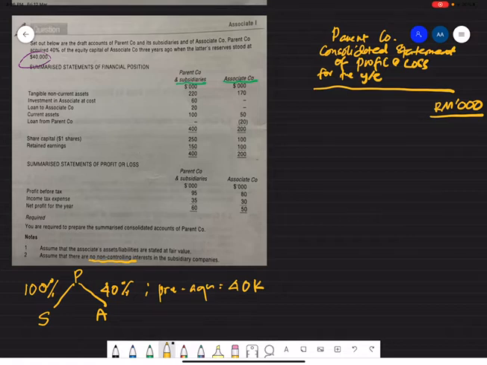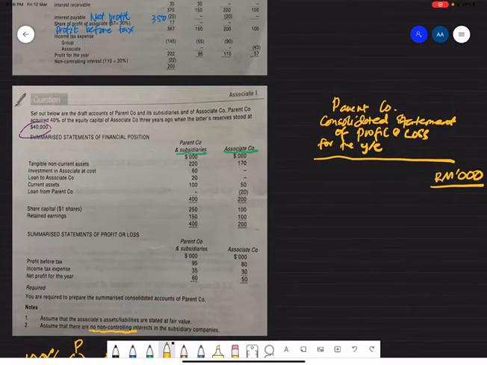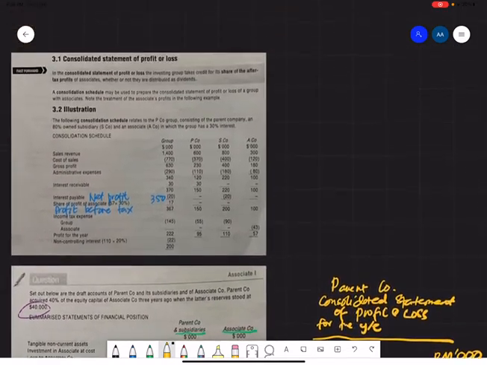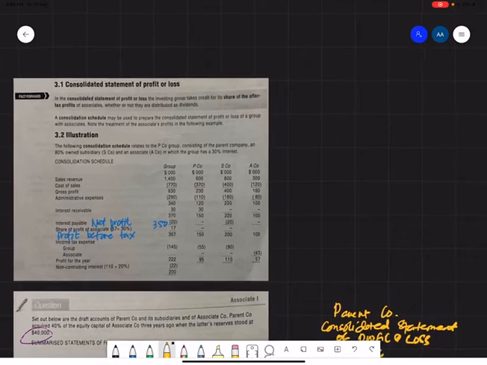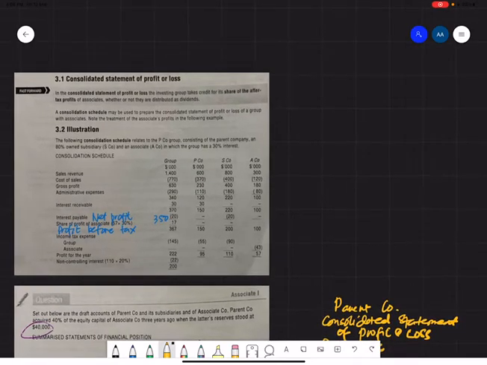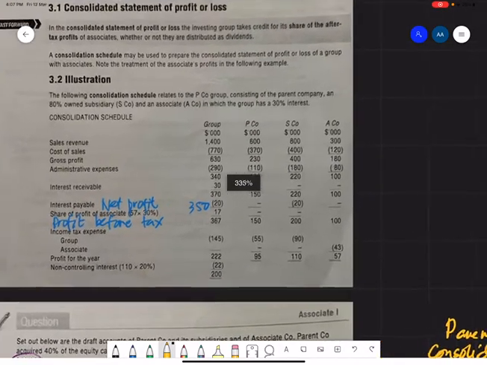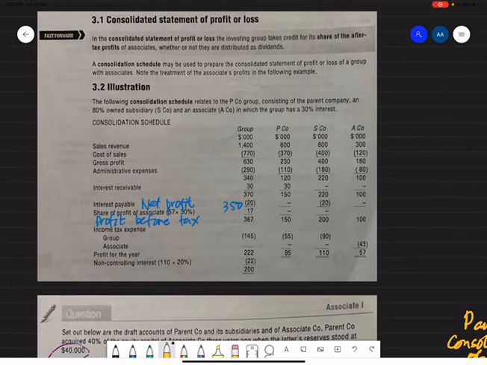If you can remember, this is the format. You need to add everything for the group to be consolidated.